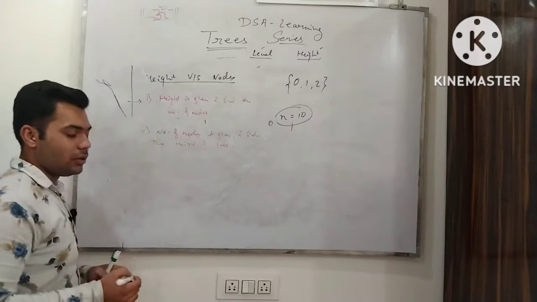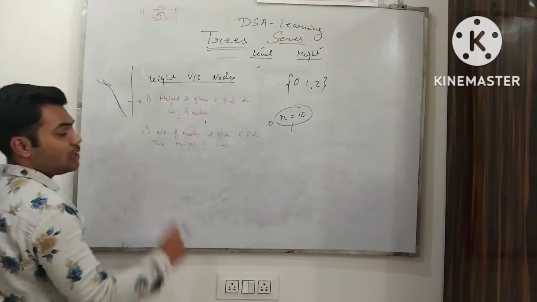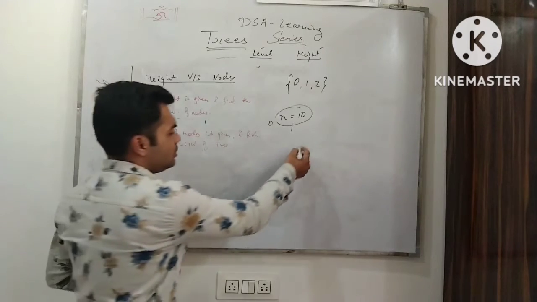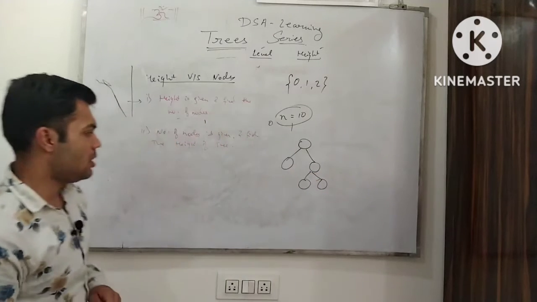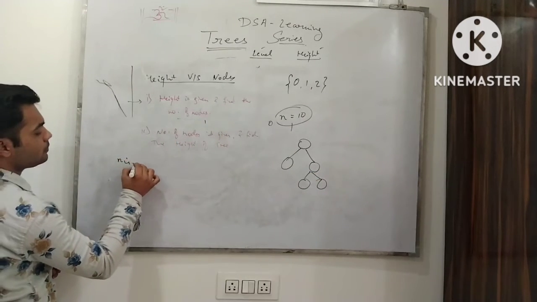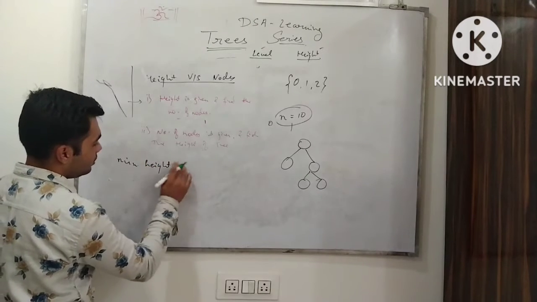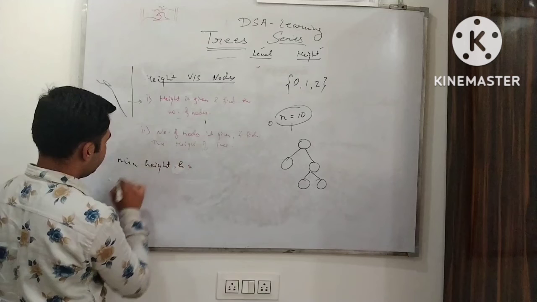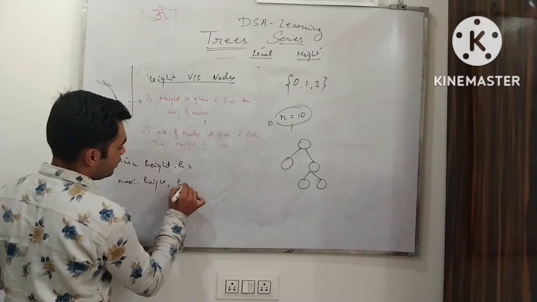Then how are we going to calculate the height? For that also we have a formula. You can take any example of a tree. Let's take the minimum height as h, and the maximum height as h.